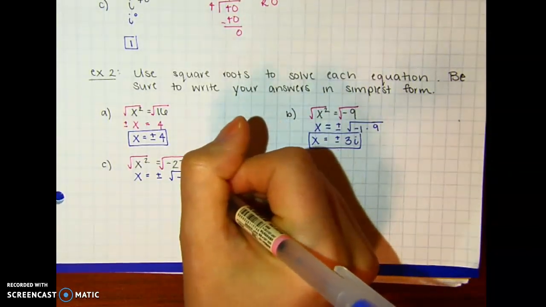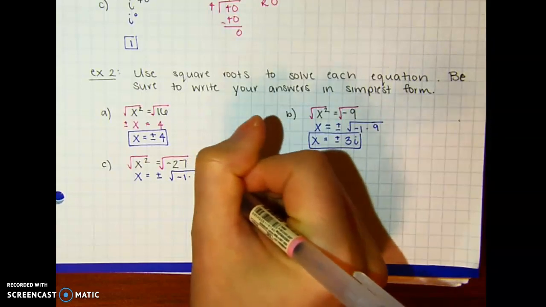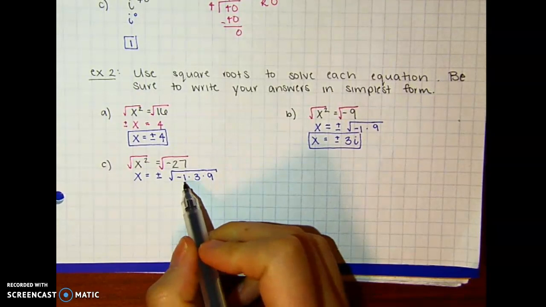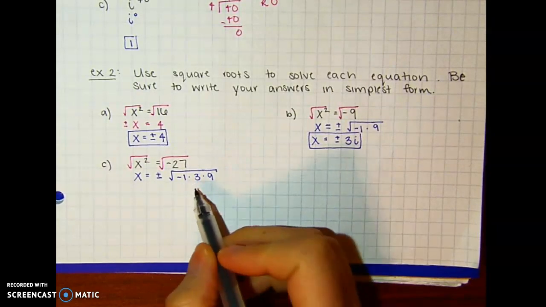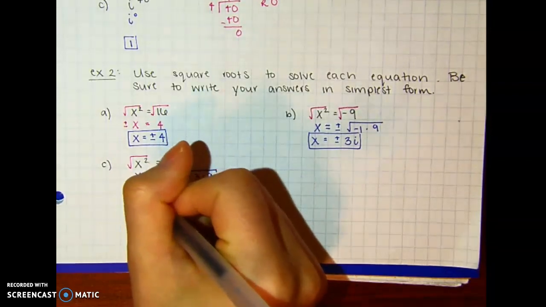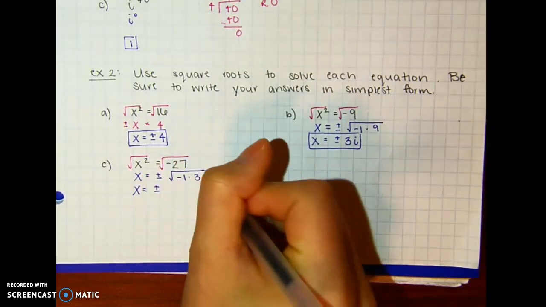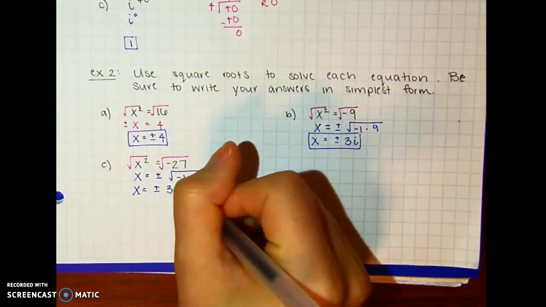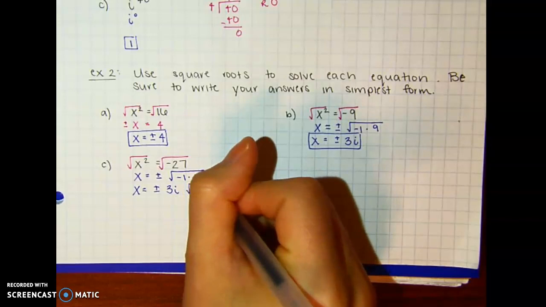What times what gives you 27? Well, 3 times 9 gives us 27. So the square root of negative 1 is i, the square root of 9 is 3, so that means we can take out a 3i. And we are left with the square root of 3.